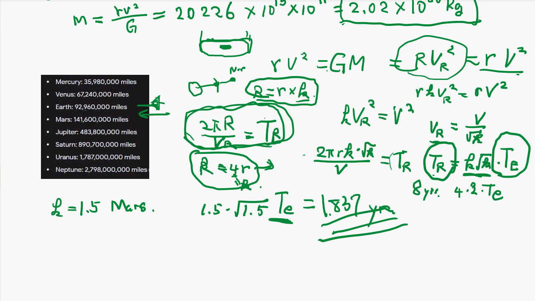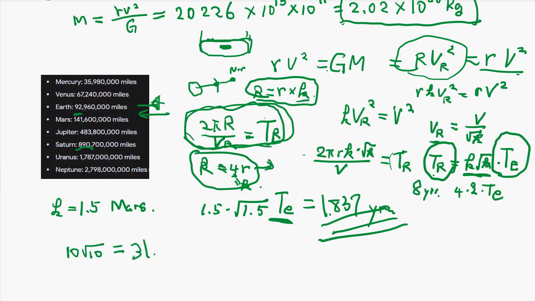Okay, let's look at Saturn. Saturn compared with Earth is about 10 times bigger, right? The distance is 10 times. So Saturn year is going to be 10, let's see, 10 times square root of 10, 31 years.